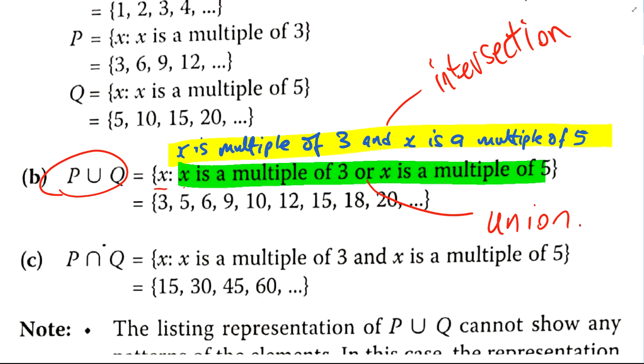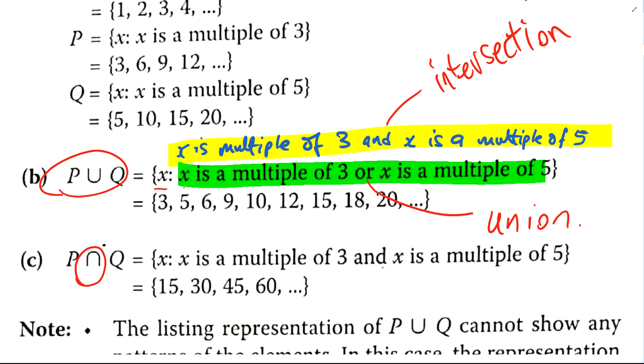So now, P intersect Q. Look at what they have over here, 'and'. So, x is a multiple of 3, and it is a multiple of 5. What is a multiple of 3 and a multiple of 5 at the same time? How can you describe this number to me?